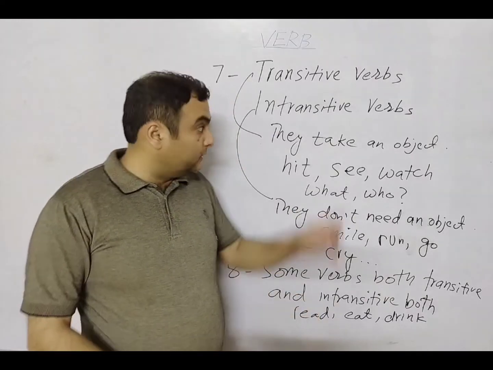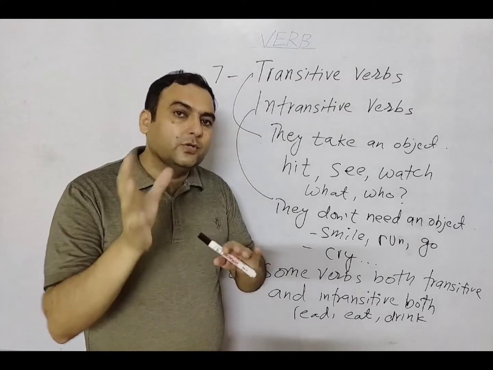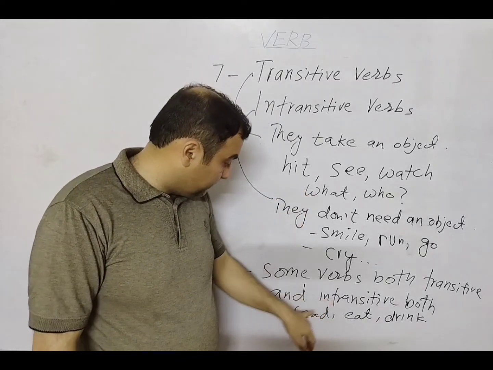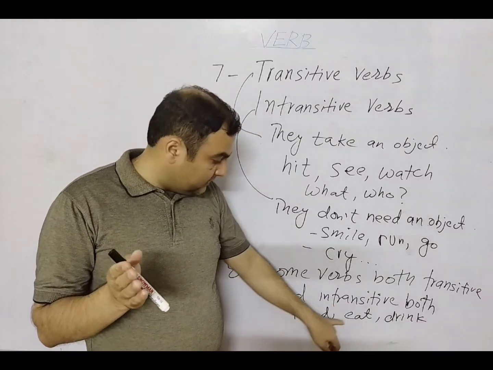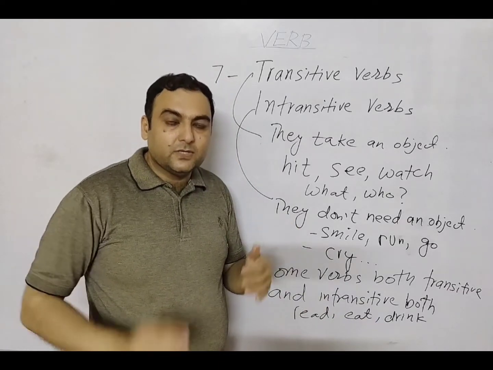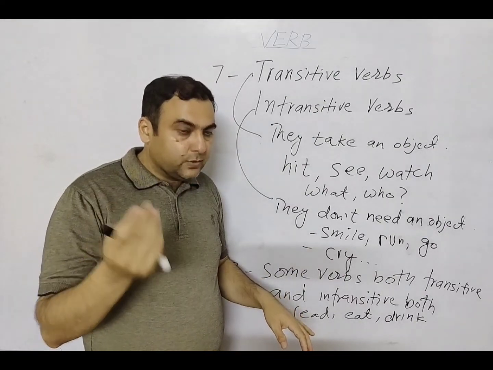Another point about these transitive and intransitive verbs, there are some verbs which are both transitive and intransitive. For example, read. Read is both transitive and intransitive. Eat, drink. These verbs are both transitive and intransitive, and there are many more. So it depends on the sentence in which we use them.